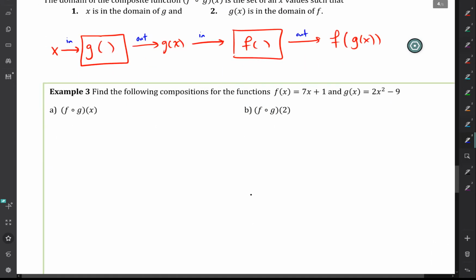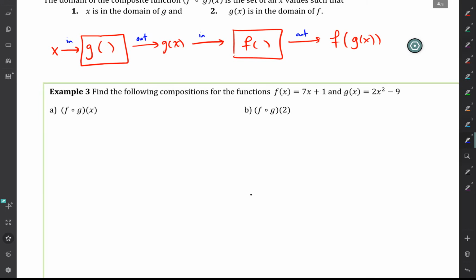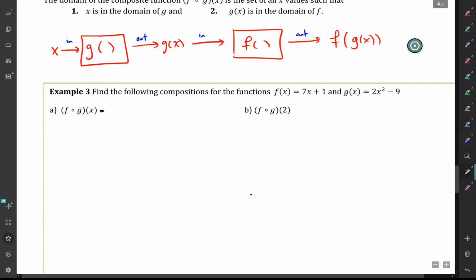Now we're asked to find the following compositions of functions. f of x is 7x plus 1, and g of x is 2x squared minus 9. To compute f of g of x, we're going to feed g of x into f.